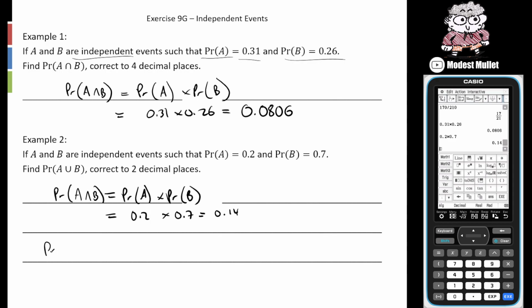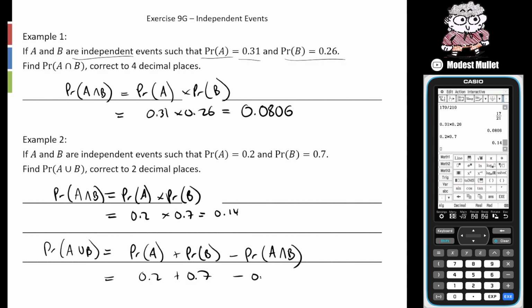Then we can use the addition rule, which says that the probability of A union B is equal to probability of A plus the probability of B, take away the intersection of them, because it doesn't matter if they're independent or not, the addition rule still works. And so we get 0.2 plus 0.7 take away 0.14 gives us 0.9, take away 0.14 is 0.76. There we go.